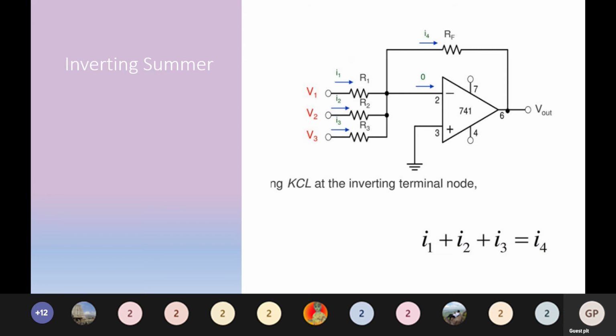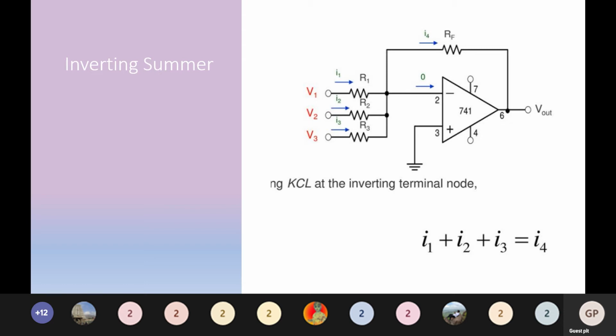So I1 is equal to V1 minus the potential that you have at this node. So let us take it as Vi. So V1 minus Vi divided by R1. Similarly, I2 will be V2 minus Vi divided by R2. Similarly, I3 will be V3 minus Vi divided by R3.